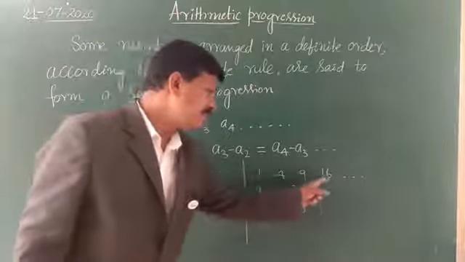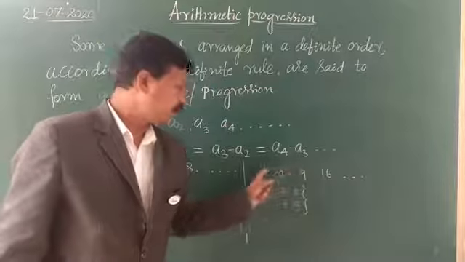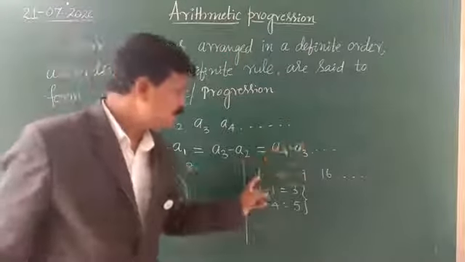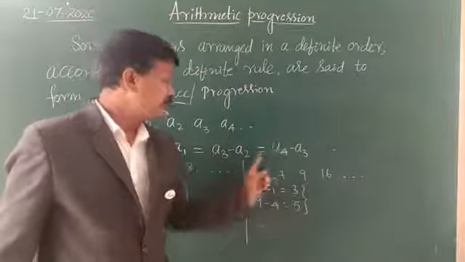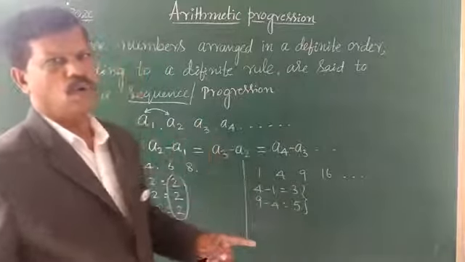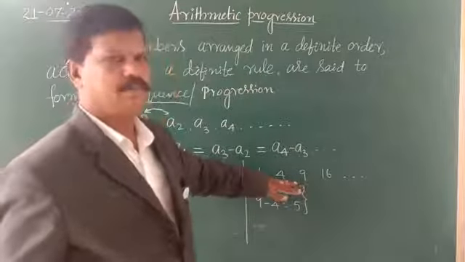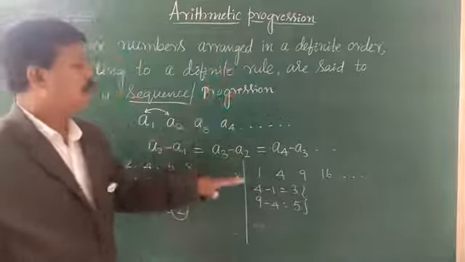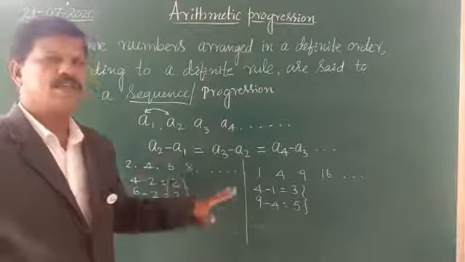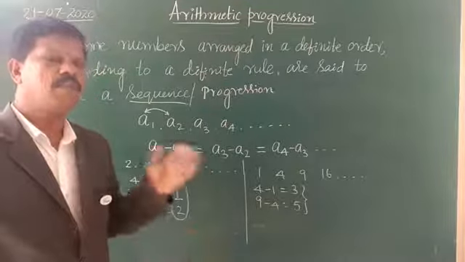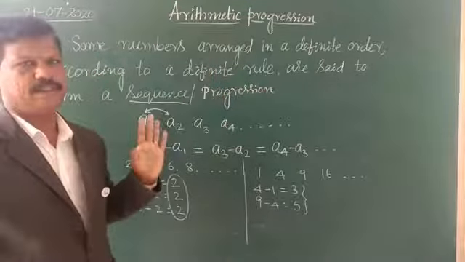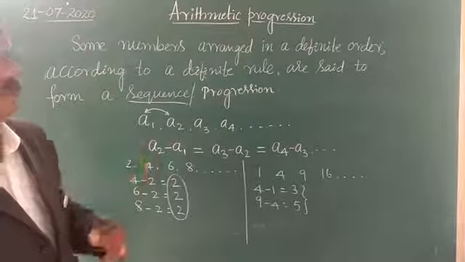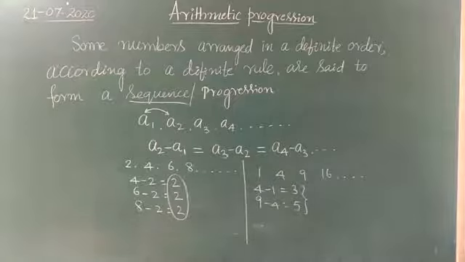Therefore this set of numbers is not in arithmetic progression, but this is a sequence because it is written according to some rule. So this is a sequence but not an arithmetic progression. Therefore, we can conclude that all sequences are not progressions, but all progressions are sequences. Clear? So this is the definition of arithmetic progression.